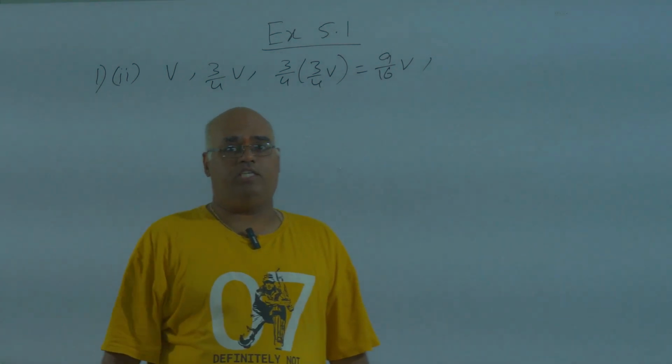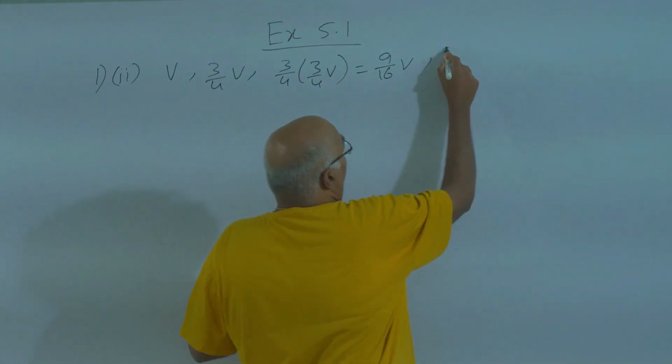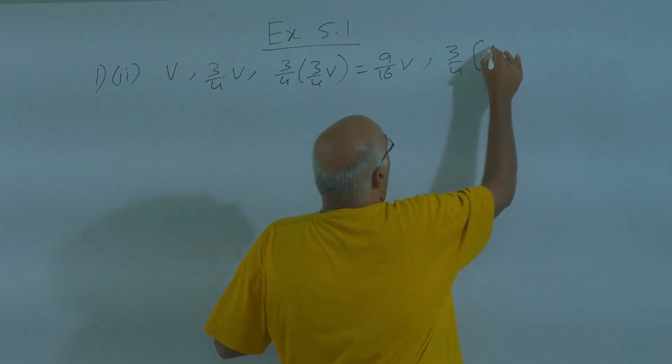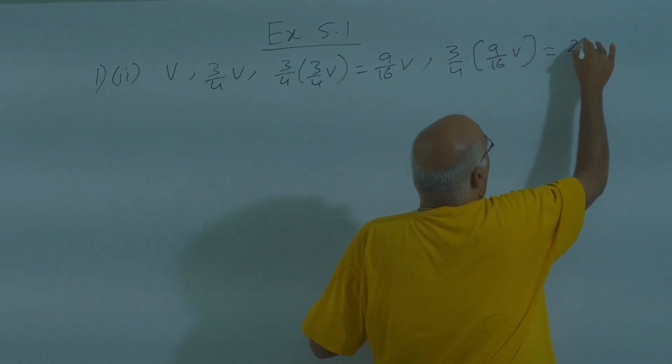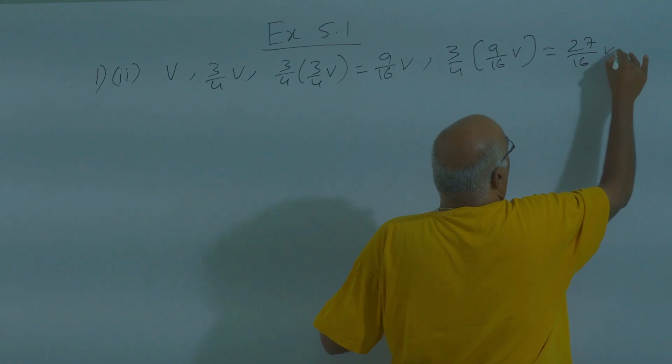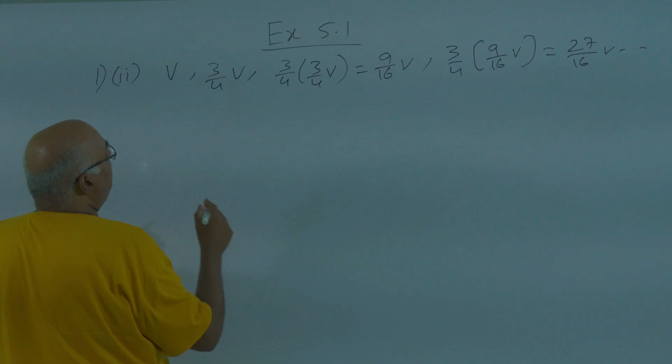Again from this 9/16 V, another 1/4 is removed. So we will get 3/4 into 9/16 V, which is equal to 27/64 V, and so on. Now I will write the volumes of the cylinder.